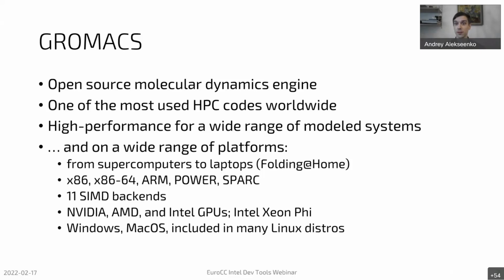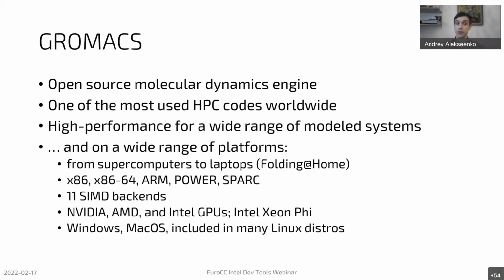And GROMACS not only supports a wide range of, say, x86 hardware, but it actually runs on different architectures. And it's not that we theoretically support them, it's portability in practice. We are actually testing on all this hardware and with all those different distributions and different accelerators.